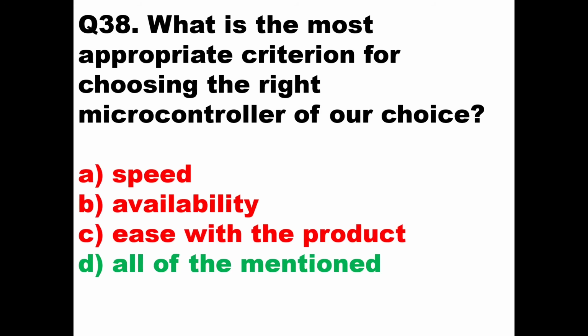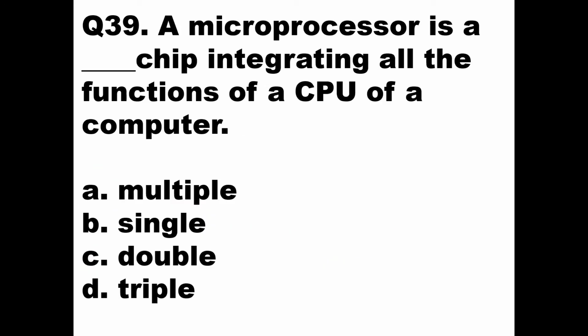Then we'll go to the next question, question number 39. A microprocessor is a dash chip integrating all the functions of a CPU of a computer. We always say that a microprocessor is a single chip which acts as a CPU.